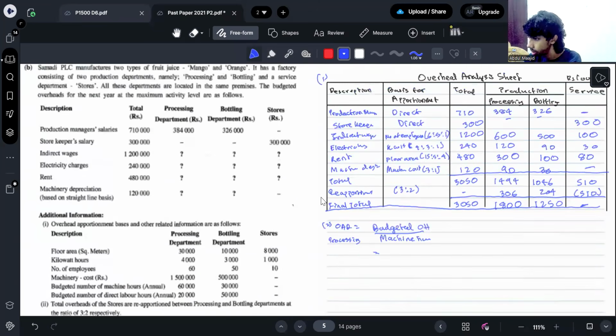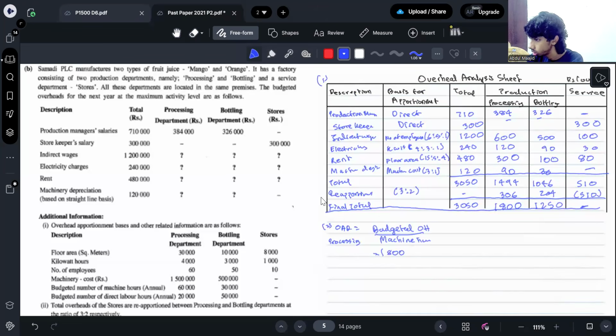Budgeted overhead is 1,800,000. Machine hours in the processing department is 60,000 hours. How much is the OAR? That's going to be rupees 30 per machine hour.